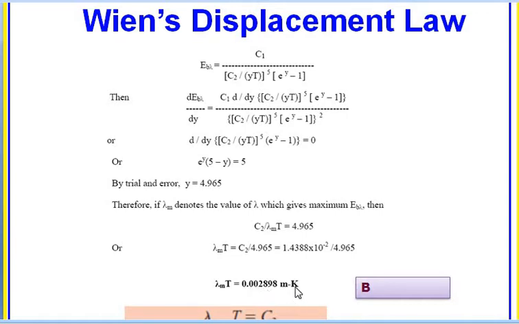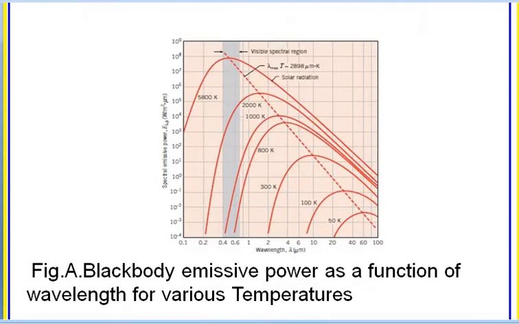0.002898 meter Kelvin, which is called Wien's displacement law. This equation can also be written as the product of lambda and T is equal to 2898 micrometer Kelvin. According to Wien's law, if the locus of the points is plotted in a graph as shown in this slide, it will produce a dotted line like this, which is called Wien's displacement law.